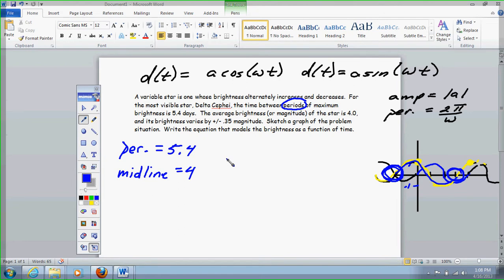And since that factor is what makes it go up and down from my midline, that's going to be my amplitude. So my amplitude is going to be 0.35. And I said I was going to do the equation first, but I think it might be a little bit better to take a look at the graph first.